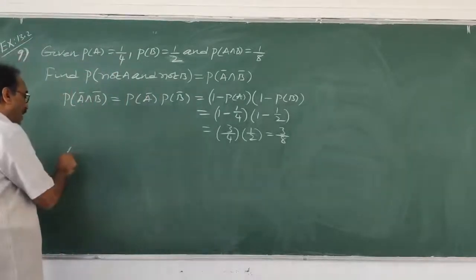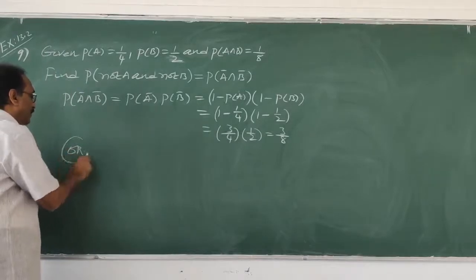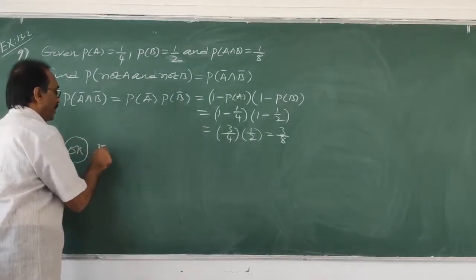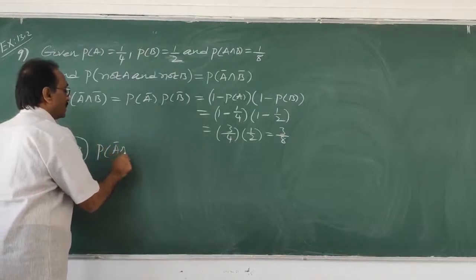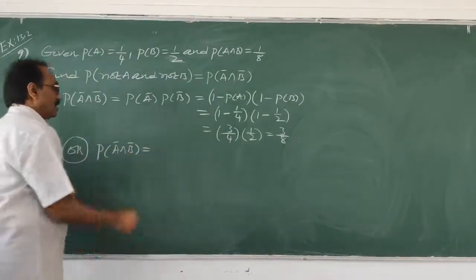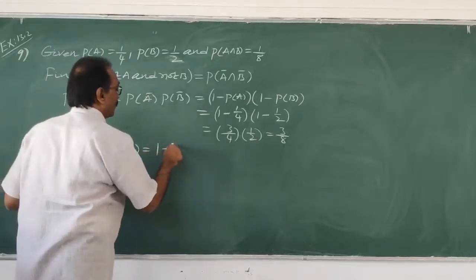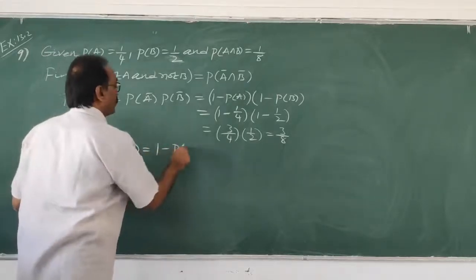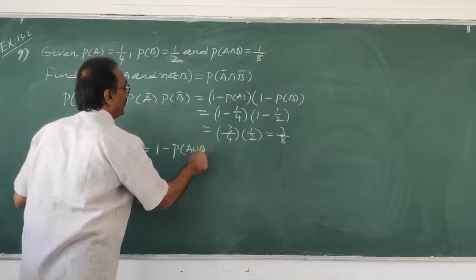Okay, I'll tell you. P of A bar intersection B bar: if it is independent, you can write it directly like that. Otherwise, it is 1 minus P of A union B whole complement.